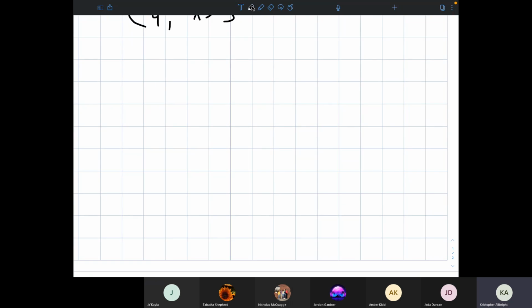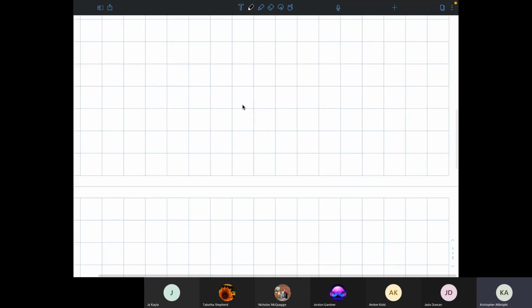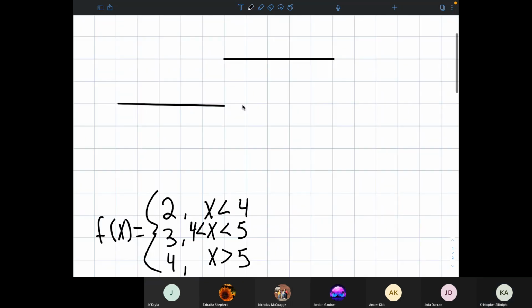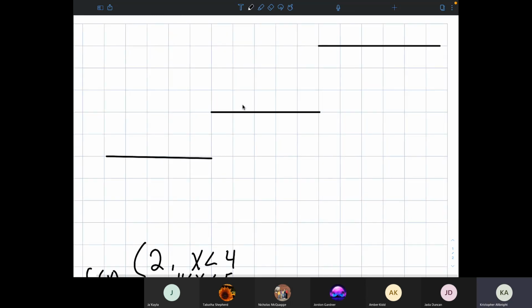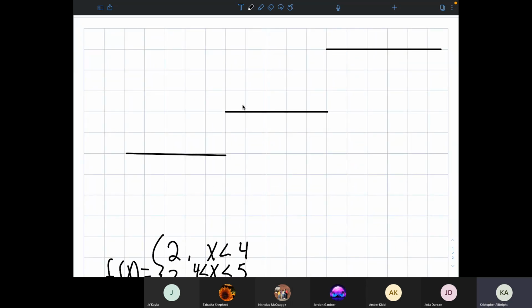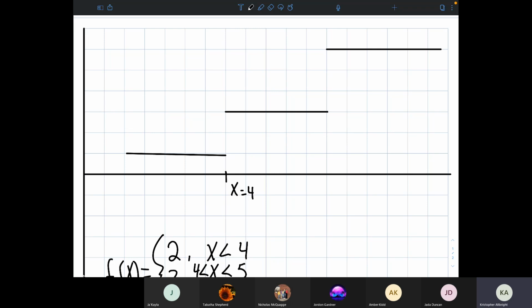So what that looks like when you graph is this. It's saying, okay, if this is x equals 4, if we have our x-axis right here, and maybe our y-axis right here, or even right here, then this is what that step function is going to look like.